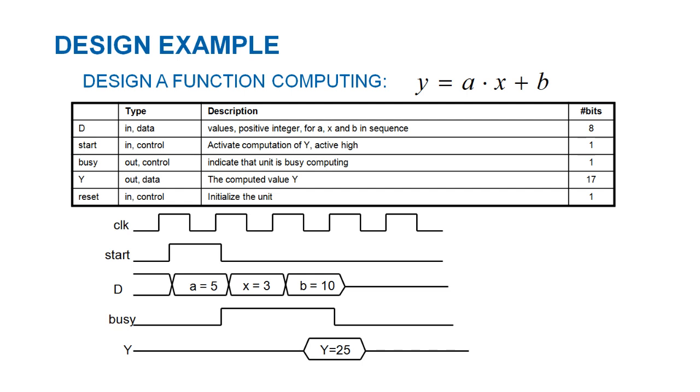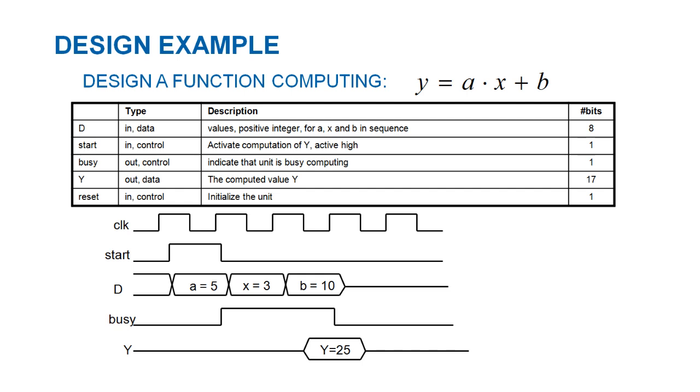So the waveform below shows a typical example in which we have a start signal saying that this is the start of the operation, in which, when the start signal is high upon the rising edge of the clock, it means that the data A is also available.